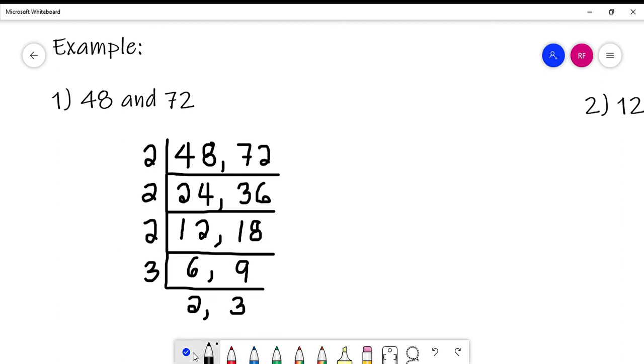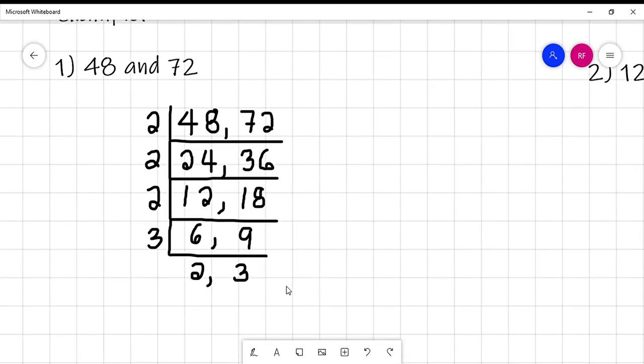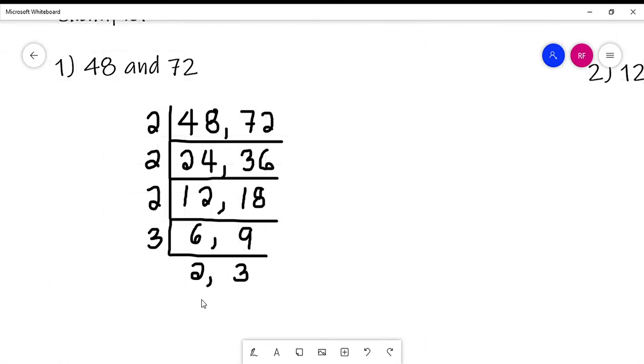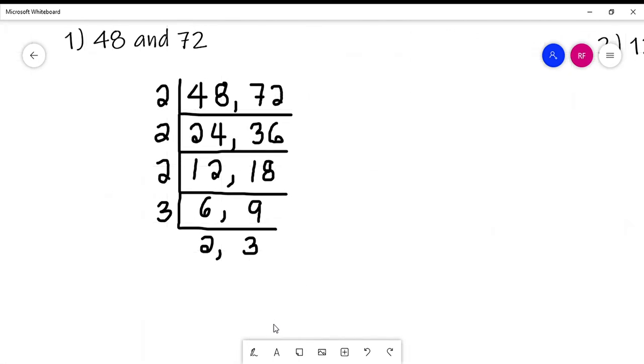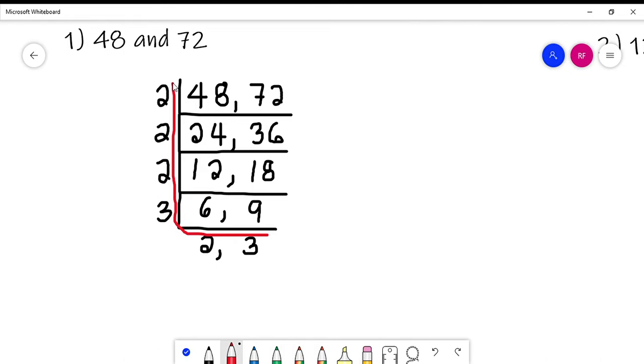Now you can see the last quotients here are 2 and 3, and they are both prime numbers. That means we cannot divide any more. So let us multiply them all, including, of course, the last quotients.